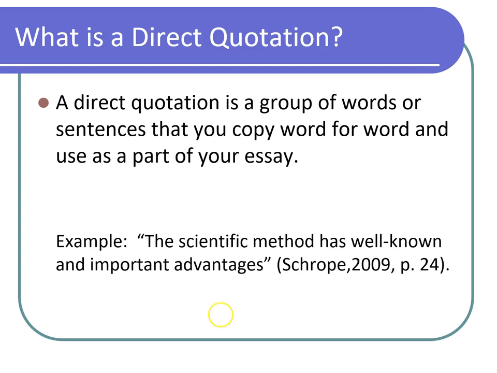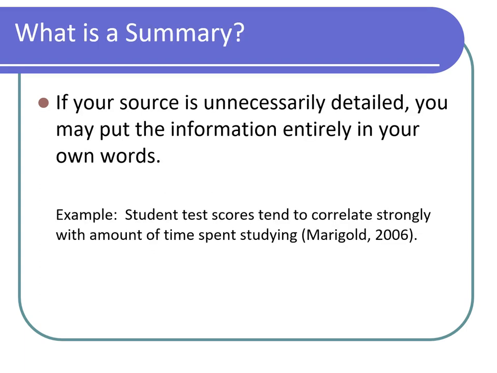So an example of a direct quote would be down here. Quote, the scientific method has well-known and important advantages, end quote. The author's last name, the publication year, and the page number. That's one format, and I'll show you a couple of different ones as we go through this.